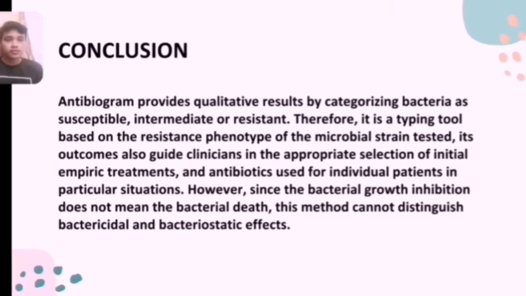Its outcome also guides clinicians in the appropriate selection of initial empiric treatments and antibiotic use for individual patients in particular situations. However, since bacterial growth inhibition does not mean bacterial death, this method cannot distinguish bactericidal and bacteriostatic effects.